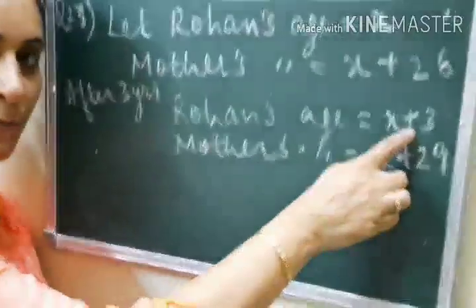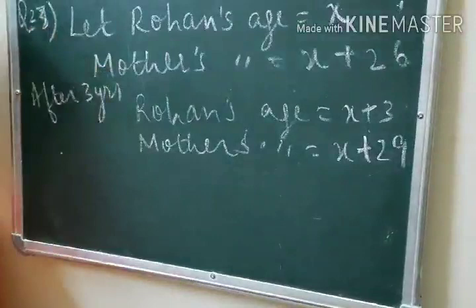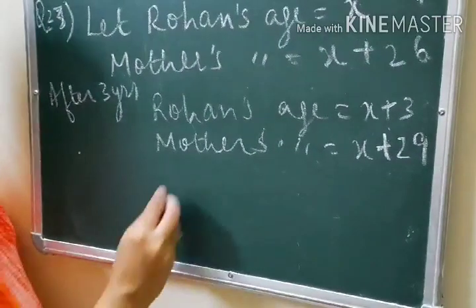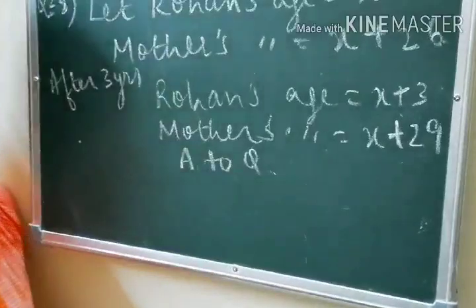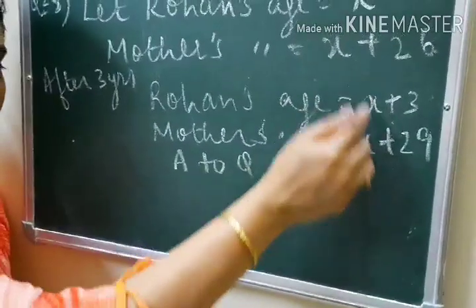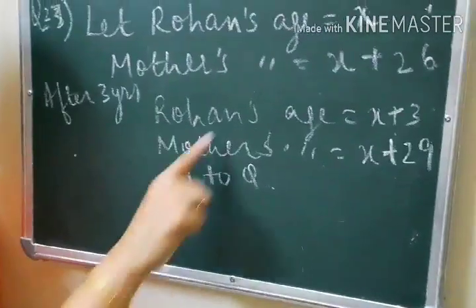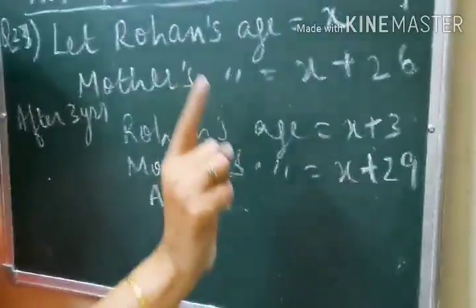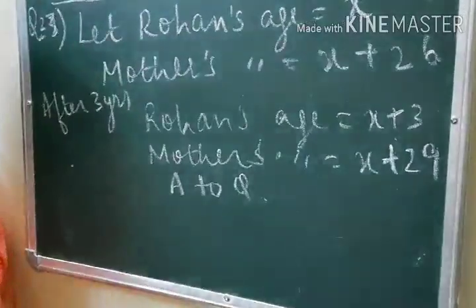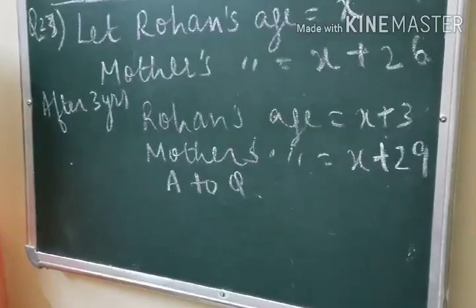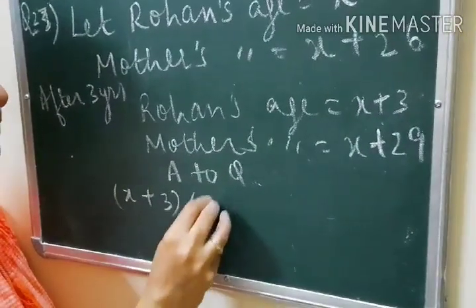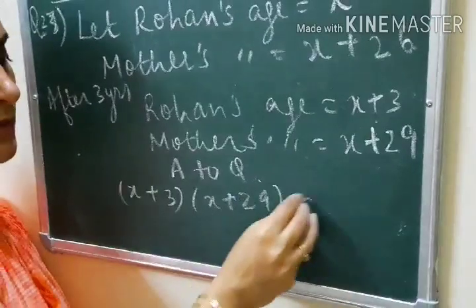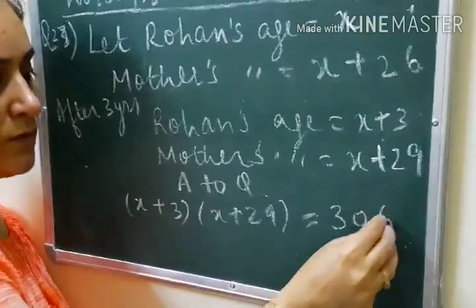So Rohan's age will be x plus 3, mother's age will be x plus 29. Now what is given? That the product of their ages 3 years from now, when you take their product, it is equal to 360. So it will be x plus 3 into x plus 29 is equal to 360.